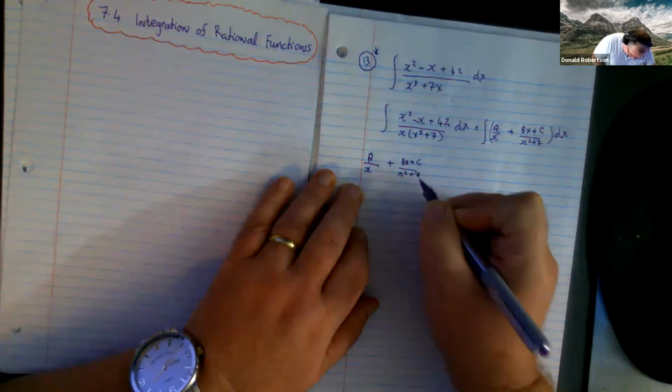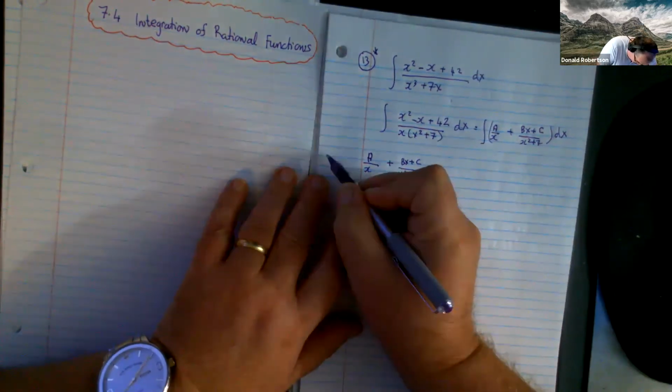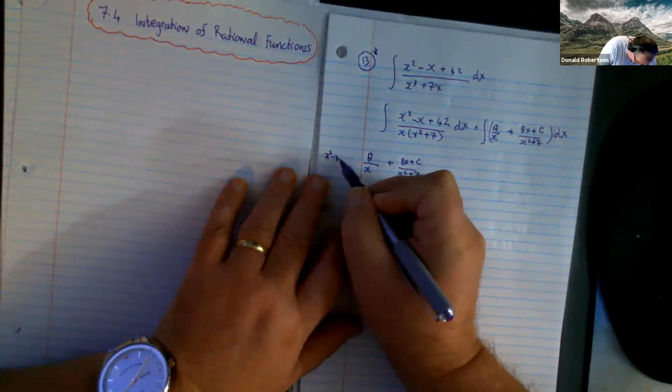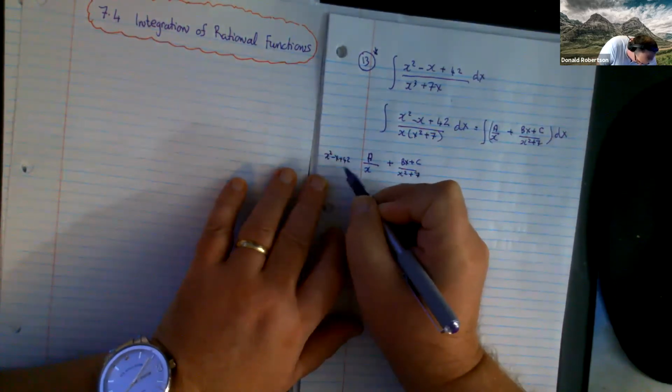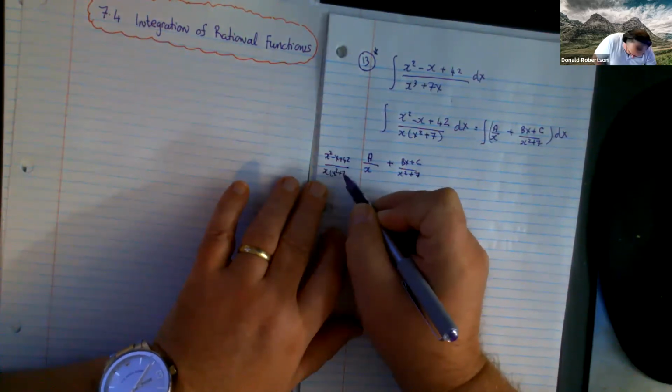So there's that, and I guess I've got enough room for it. x squared minus x plus 42 over x squared plus 7 is equal to that.